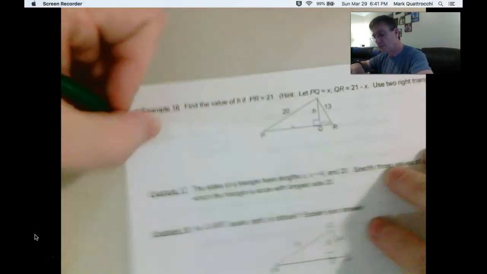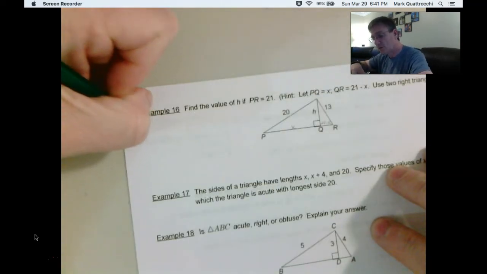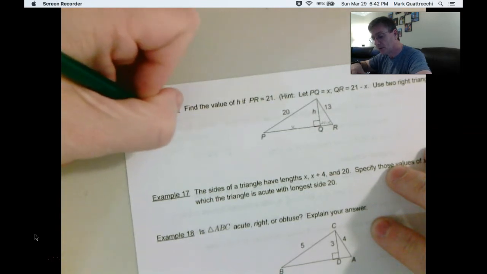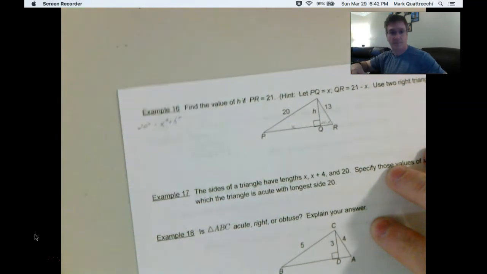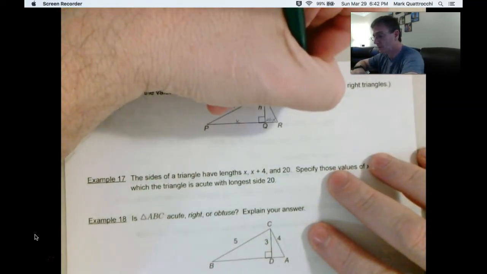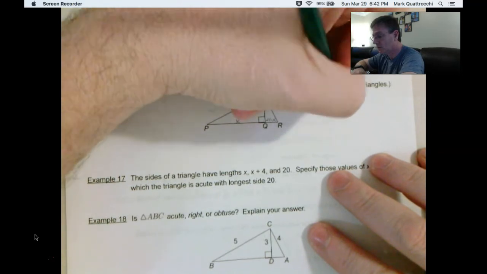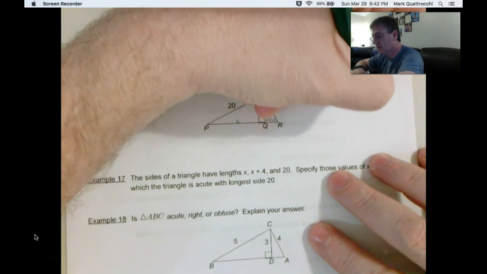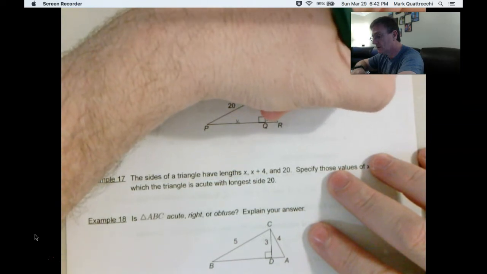Let's start with the first one, which is pretty easy. 20 squared equals x squared plus h squared. Okay. The second one is 13 squared equals h squared plus (21 minus x) squared.